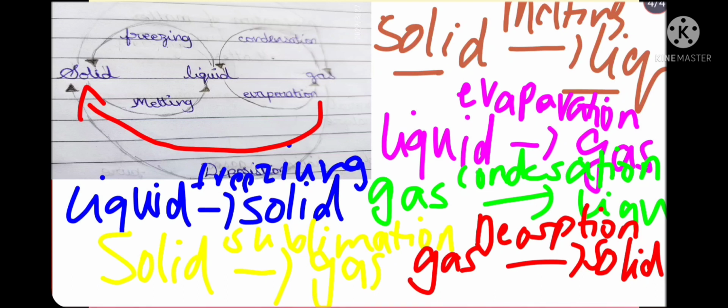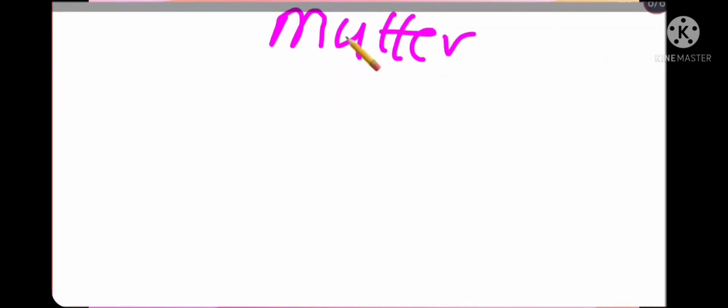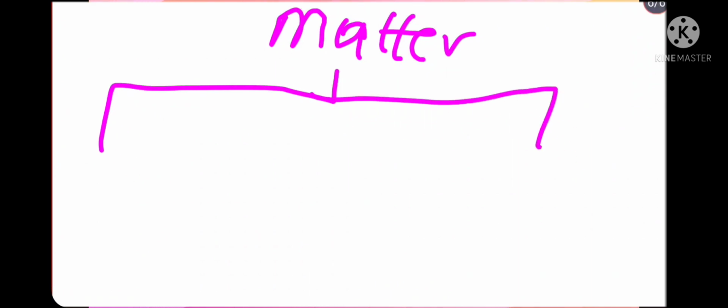So now let's see the classification of matter. Already we got the definition of matter. Matter is classified into two different natures.